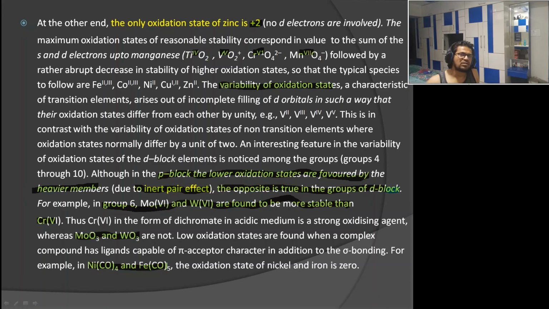Variable oxidation state pertains to electrons of the ns orbital, that's the valence shell, plus the unpaired electrons of the (n-1)d shell, that's the penultimate shell. Very important point, I repeat. Minimum oxidation state pertains to electrons of the valence shell. Variable oxidation state pertains to electrons of the valence shell plus unpaired electrons of the (n-1)d penultimate shell. That's how we have the table part. Alright, that's one.